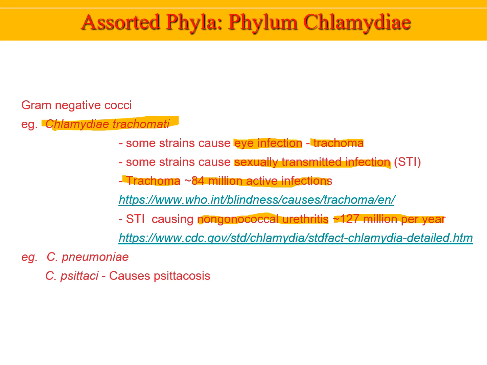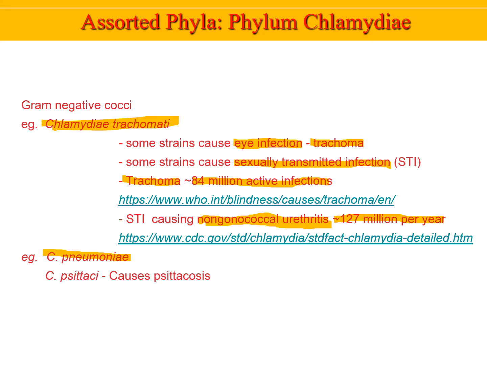This causes non-gonococcal urethritis. Another organism, and this is the third one we've talked about here, that causes pneumonia. The first one was Streptococcus pneumoniae. The second one was Mycoplasma pneumoniae, and this is Chlamydia pneumoniae, which can also cause pneumonia.